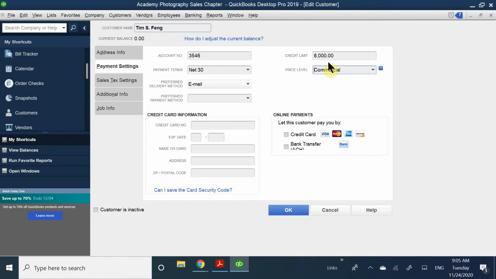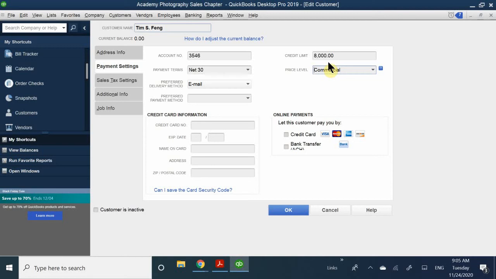If it's someone else who's an independent contractor or someone who goes to you to buy supplies, obviously you would give them a different type of payment, right? You give them a lower price. But for this one, that's what price levels are. It's grouping your individuals based on what kind of vendor, what kind of customer type they are.